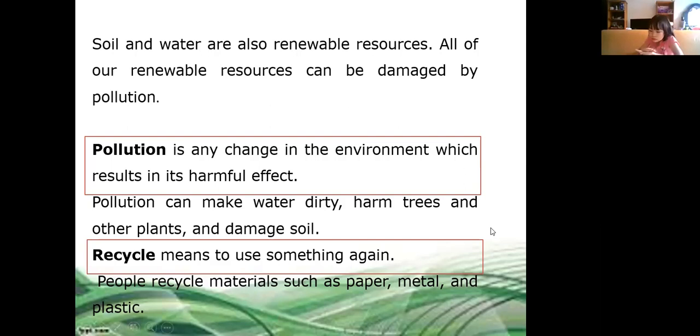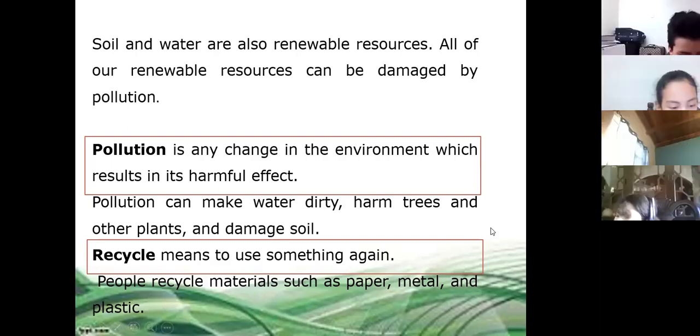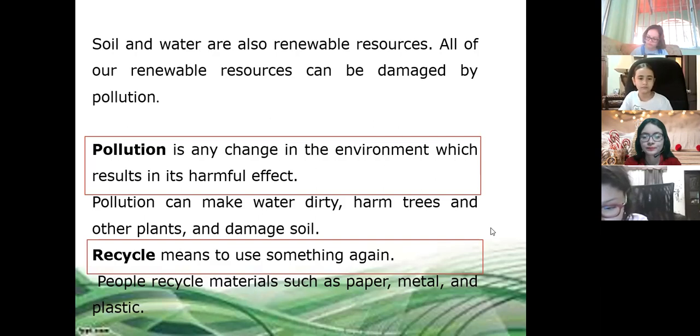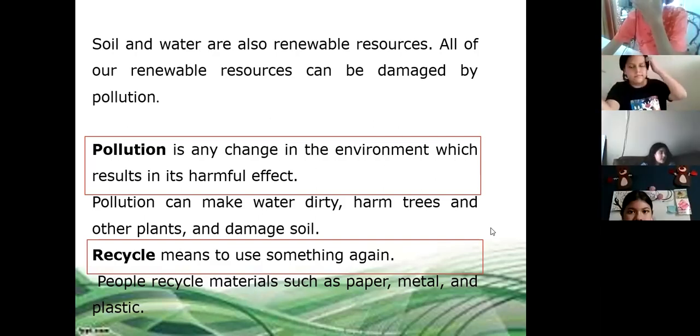Now, what is recycle, class? What is the meaning of recycle? Means to use something again. You use something again and over again. That is recycle. What things you can recycle? Clothes, that's right. Paper. Papers, metal, plastic. You can recycle. Just think about which things you can recycle and you can use it over and over again.